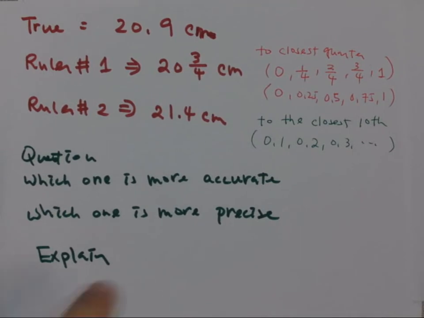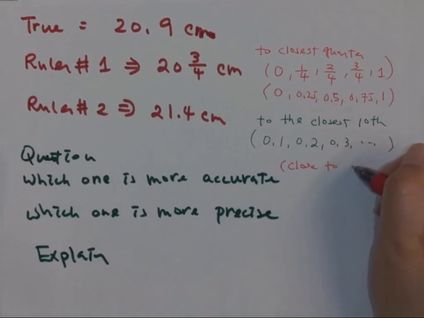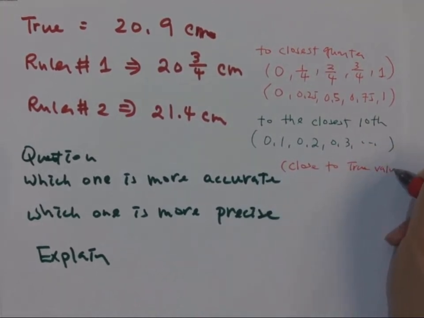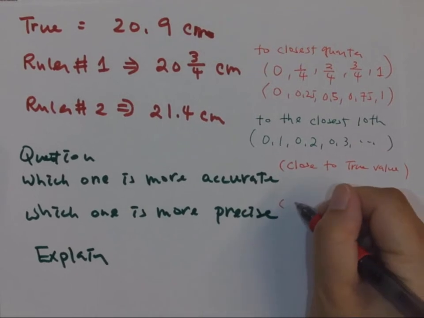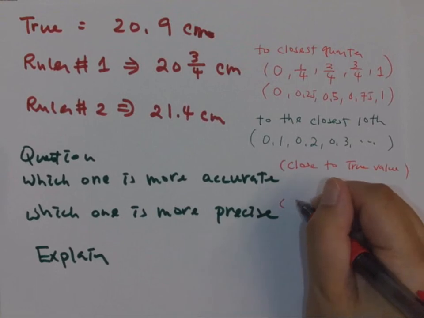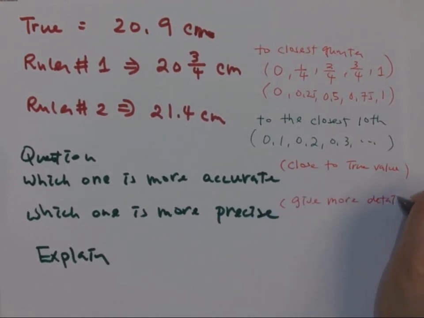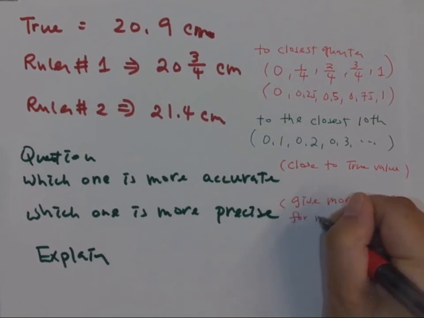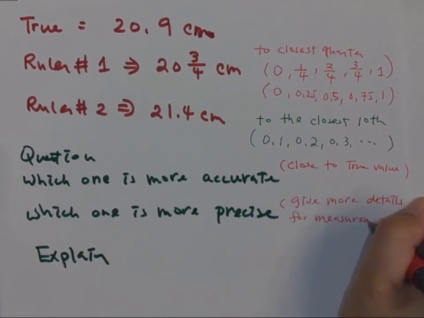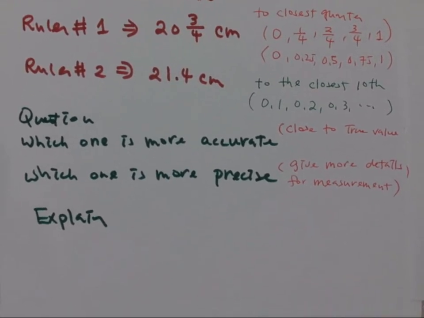So again, accurate means close to the true value or measurement. And precision is they give you more details. So one gives you closer to the true value, one gives you a lot of details.